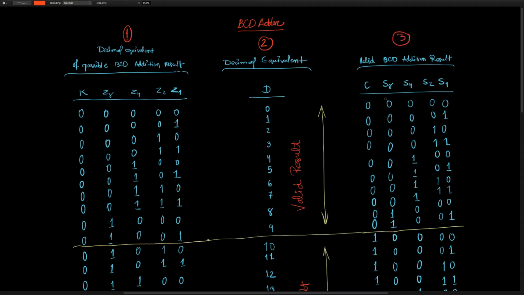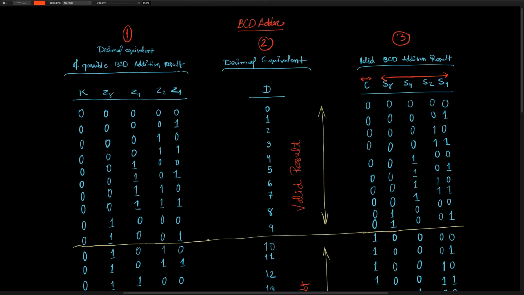BCD is a 4-bit number, and that's exactly what we have here: S1, S2, S4 and S8, represented with their subscript, their place value. They represent the valid BCD bits, and we also have a carry here.